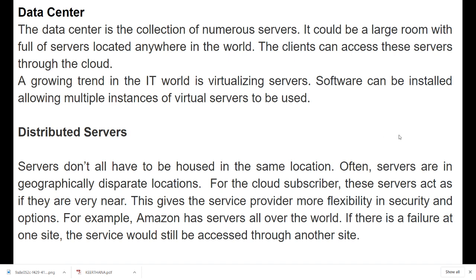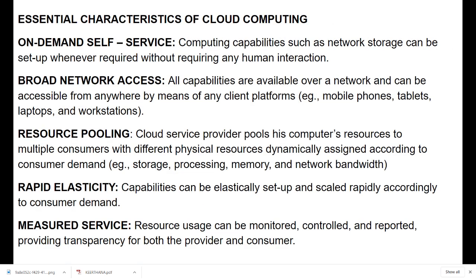Next we are going to see the important one, the essential characteristics of cloud computing. These are the five essential characteristics: on-demand service, broad network access, resource pooling, rapid elasticity, and measured service.